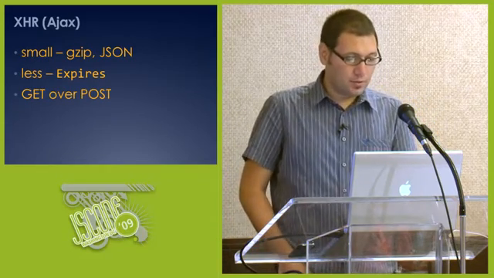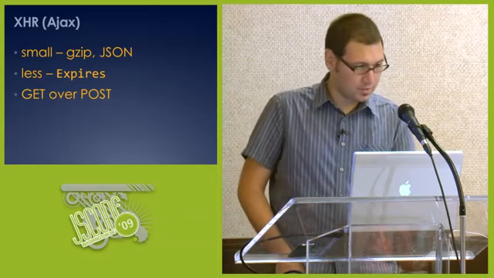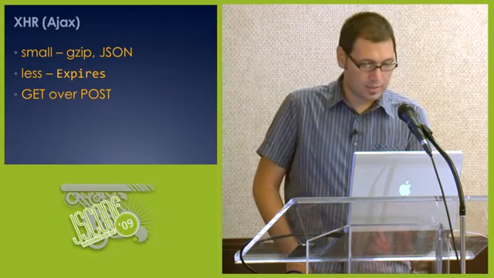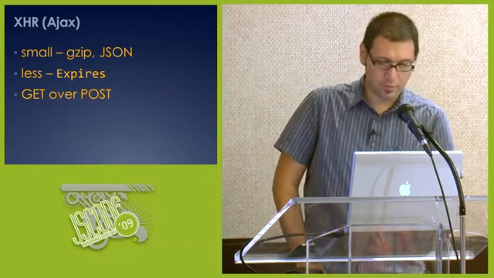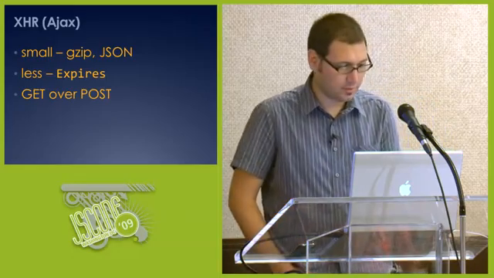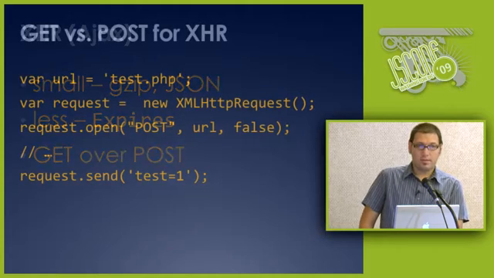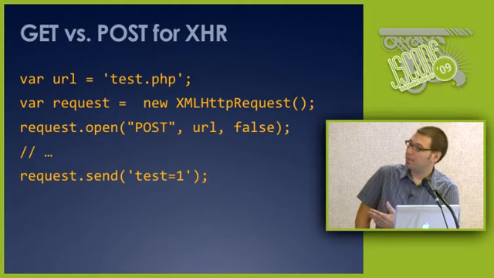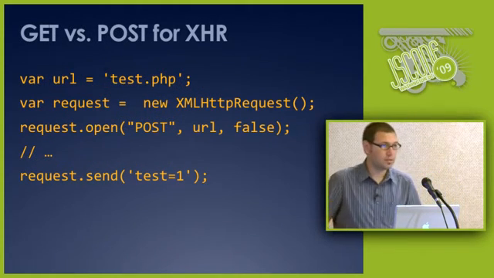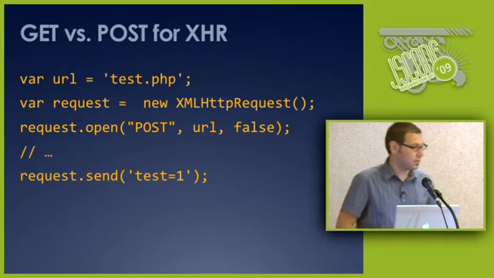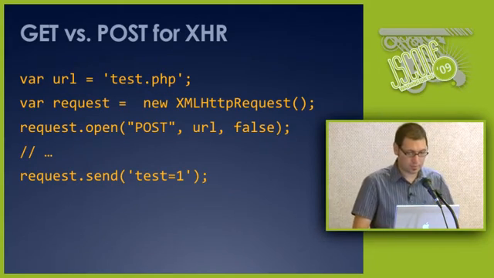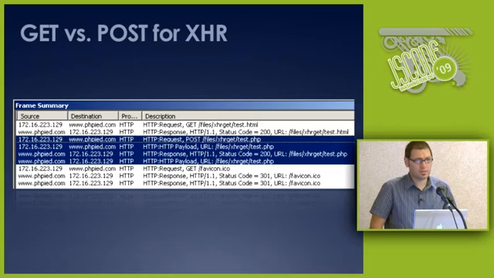And the other thing is using get over post. You probably have seen this discussion. So why is that? It may fall into a kind of micro optimization, but it depends on the page, right? If you have a lot of requests. So a simple XHR request that posts something really small, like you just pass test equals 1. So this is Microsoft Net Monitor, right?